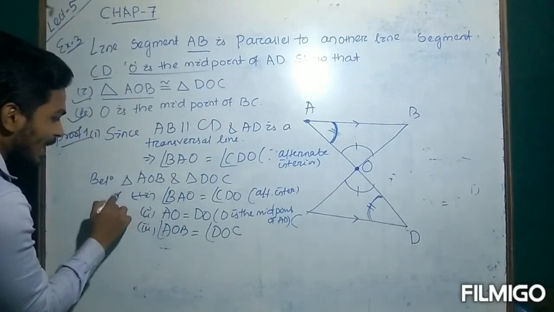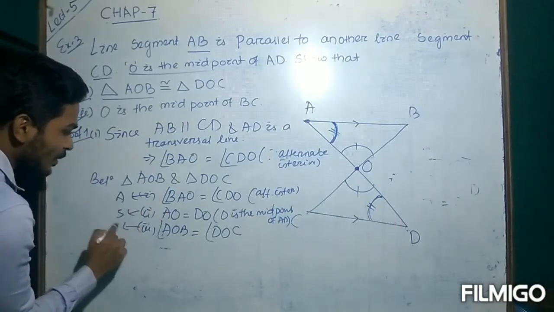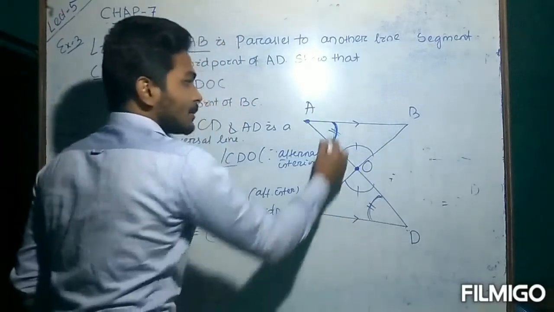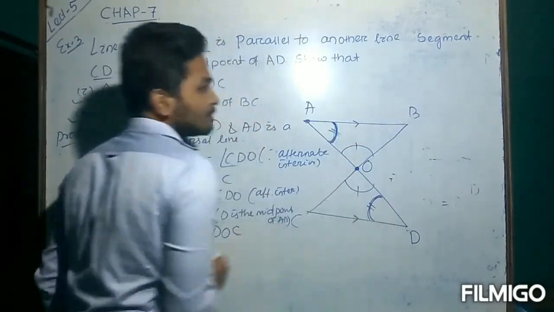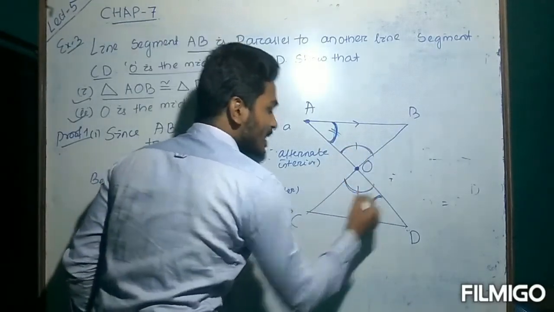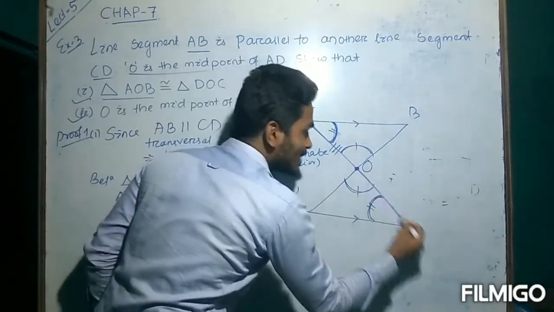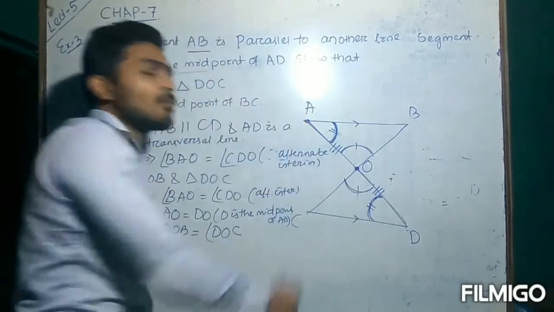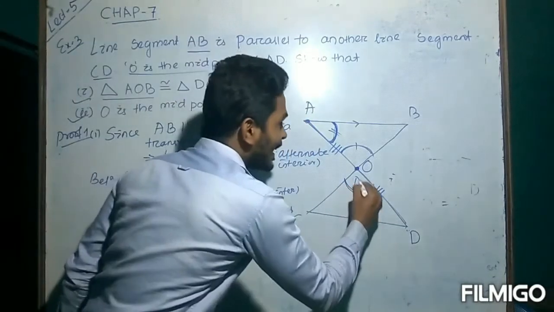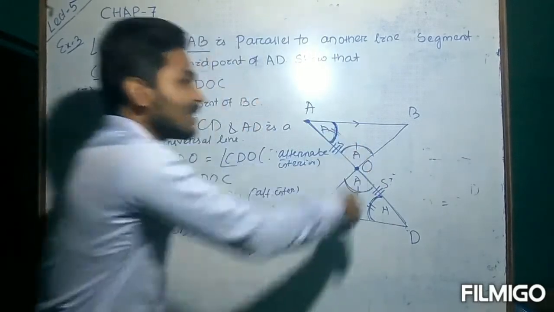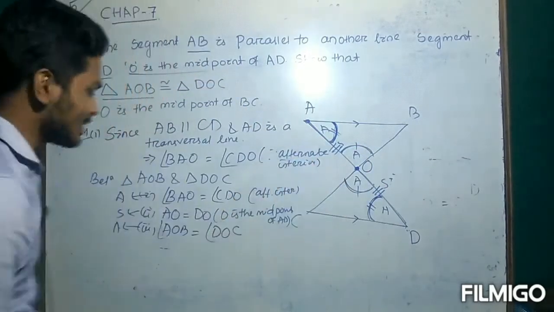Now this stands for angle, this stands for side, this stands for angle. So in this triangle and in this triangle, this angle is equal to this angle, and this side is equal to this side, because O is the midpoint, and this angle is equal to this angle. So by angle side angle criterion, these two triangles will be congruent.